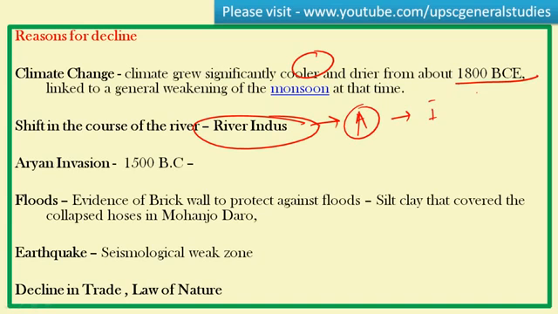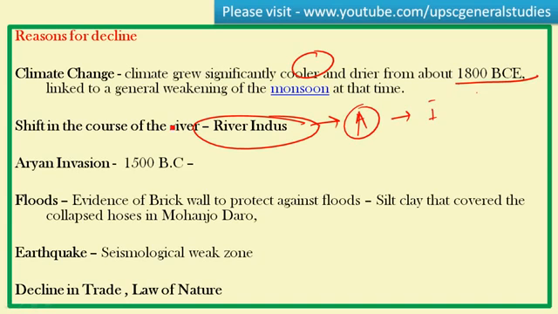When the river shifts its course, agriculture became uncertain, and this failed to support the experts living in the urban settlements, like artisans and priests. So this led to the decline in the urban settlements. That is another reason.